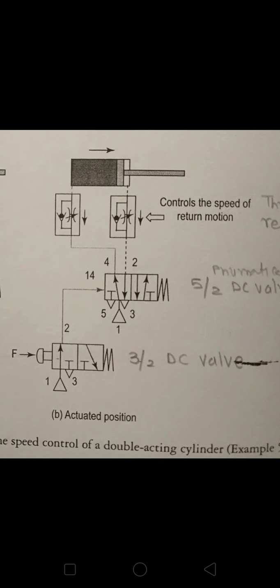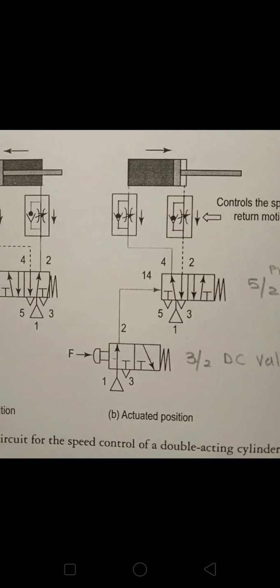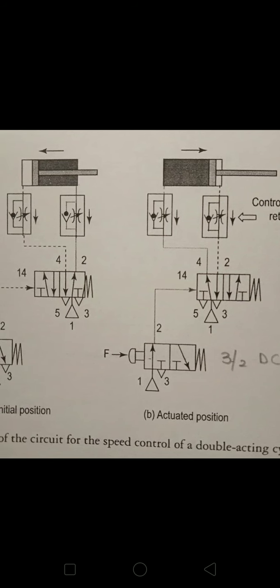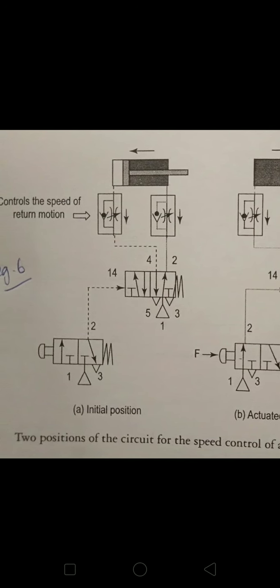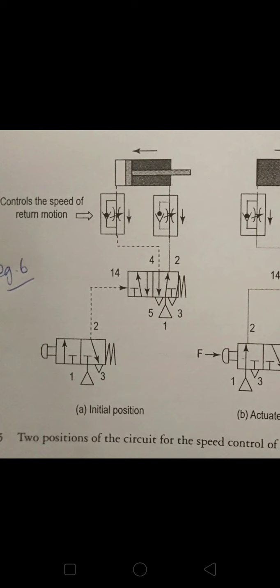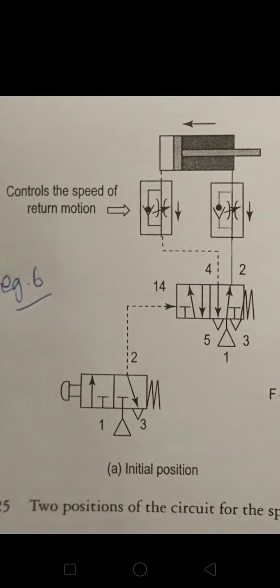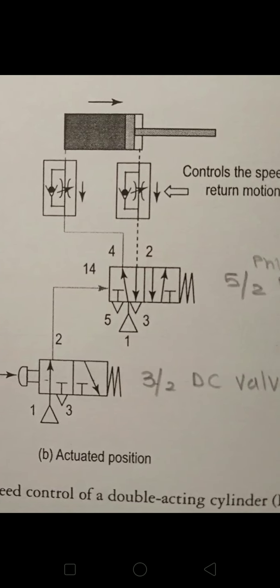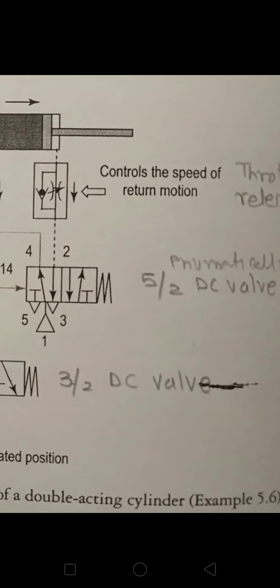The throttle relief valve connected to port 2 of the final control element will control the speed of the forward motion, and the throttle relief valve, or you can say exhaust valve, connected to port 4 of the final control element controls the speed of the return motion. So here you can see it controls the speed of the return motion in the initial position, and in the actuated position.